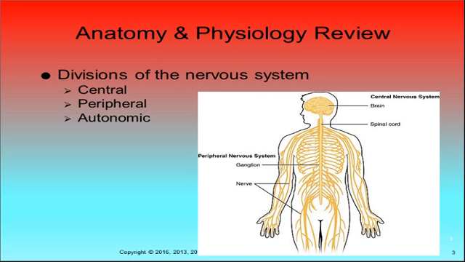So our autonomic nervous system is composed of two parts: our sympathetic nervous system and our parasympathetic nervous system. Your autonomic nervous system is not under conscious control, so it's basically those things that we don't think about, but it can be altered by people who use biofeedback and some other different methods.